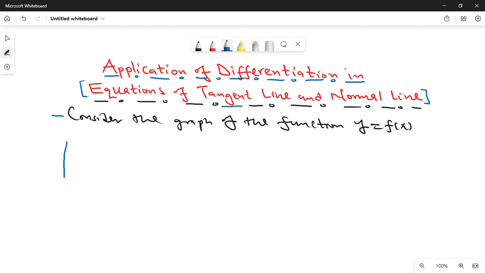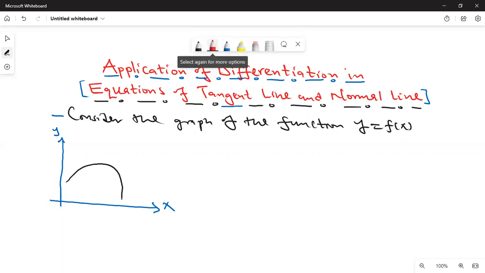We will have the x-axis and the y-axis. This should be a vertical line and a horizontal line, x, y. So let's say we have this kind of a graph like this one. That is y equals f of x.